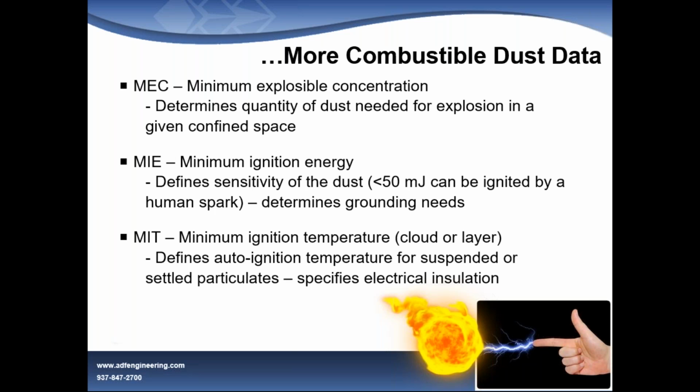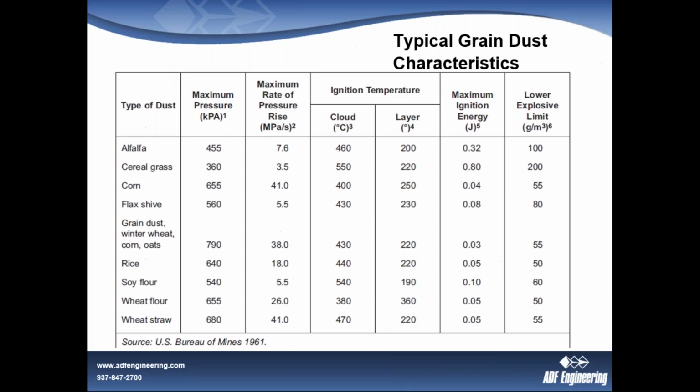I generally only do MIT for a cloud in the event that you're dealing with something like a spray dryer and you're purposefully concentrating a cloud of dust under temperature. I don't always recommend that particular test.